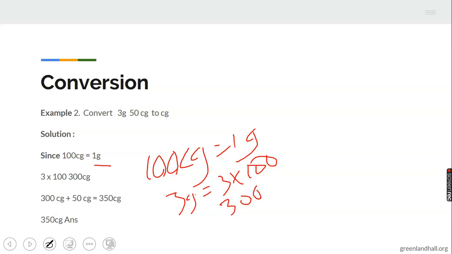Plus this one, the 50 cg is already in cg, so they don't need to convert it. Just say 300 plus 50 will give you what? 350 cg. That's the answer.